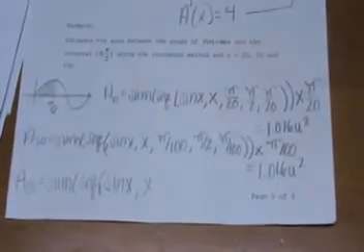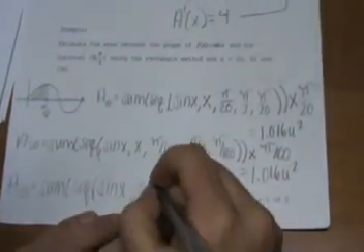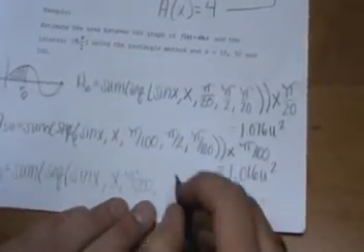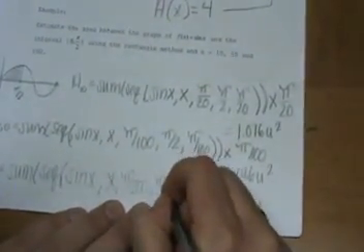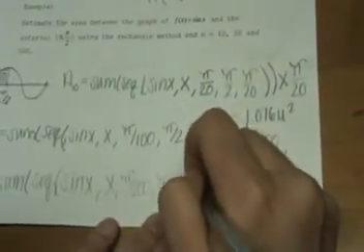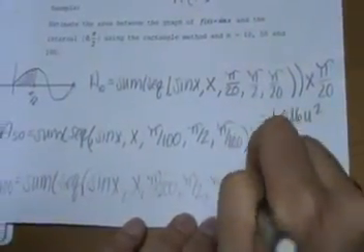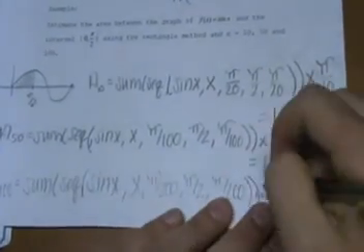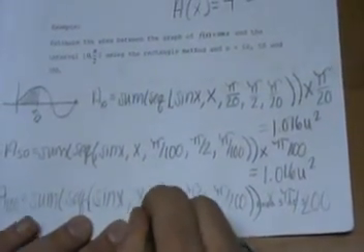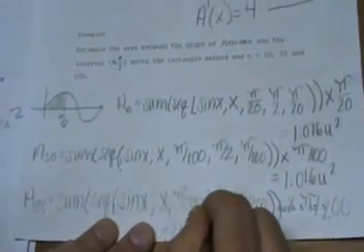You then use a plus b over n, which is pi over 200, times the end of the interval, again pi over 2, times b over n, which is pi over 200, closing parentheses and multiplying by b over n, which is pi over 200 again. After plugging this into your calculator, you should get 1.008 units squared.